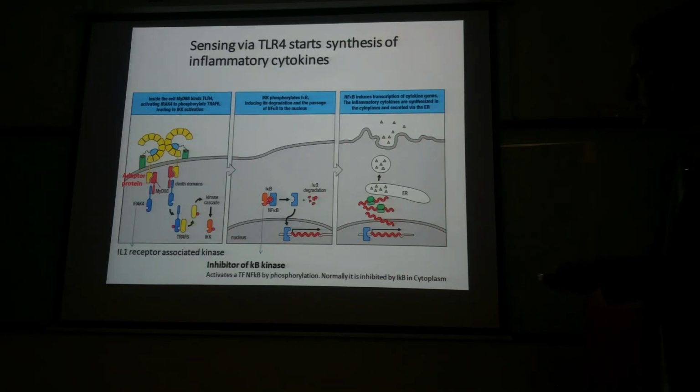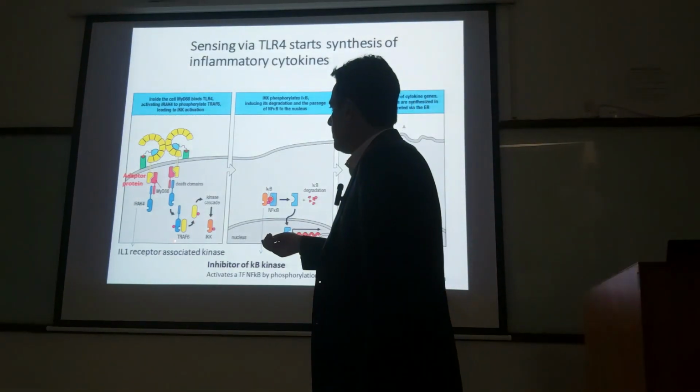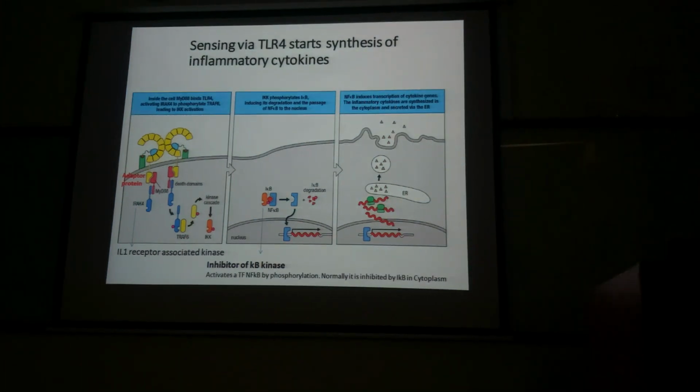And the TRAF6 is now going to be phosphorylated, and there would be a series of events, phosphorylation and dephosphorylation of different peptides in this pathway, ultimately leading to the phosphorylation of IKK, or inhibitor of kappa B kinase. Okay? IKK, inhibitor of kappa B kinase.